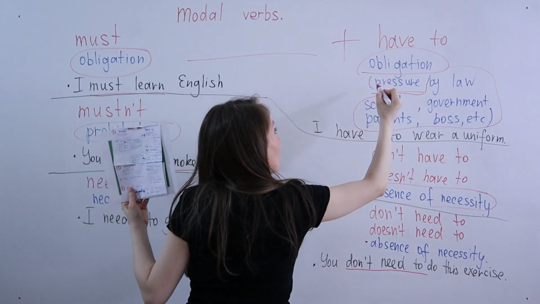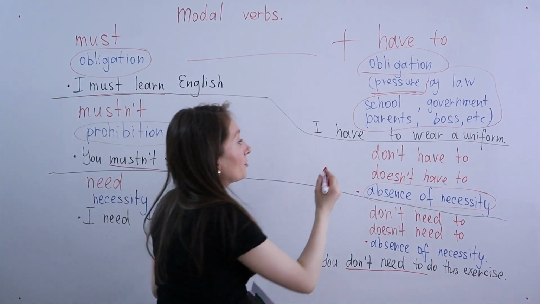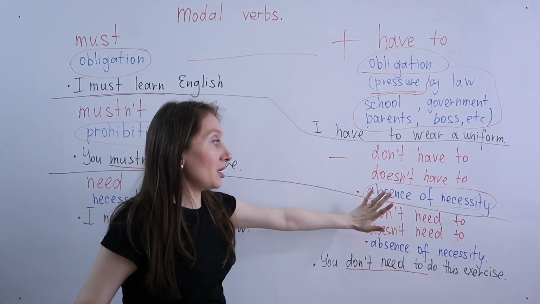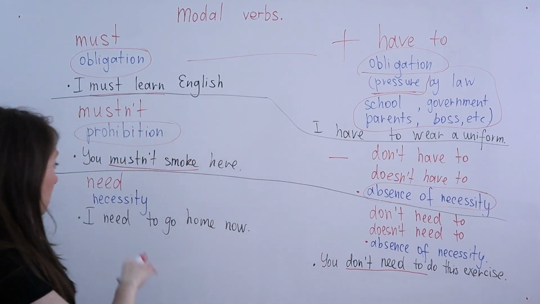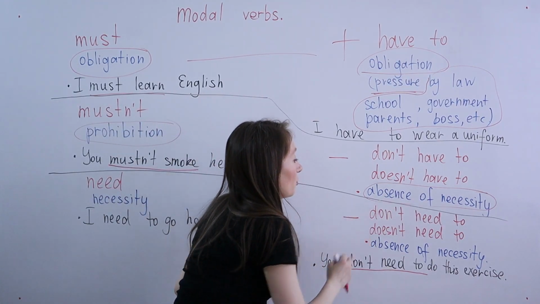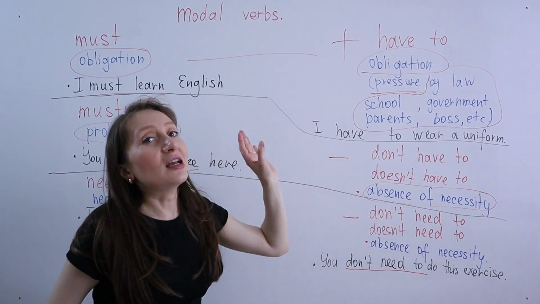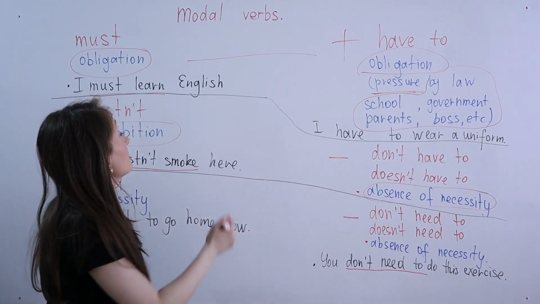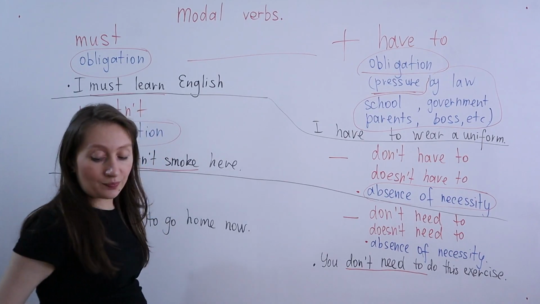Here we have some pressure, okay? Plus, negative form, the meaning is different. It's not about obligation. It means not necessary. Next, need, necessity. Negative form of the modal verb need also. It's not necessary. Kind of the same, right? But feel the difference between must and have to.